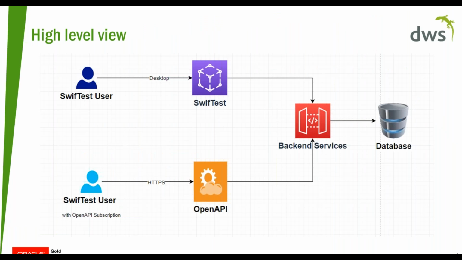Okay, so high-level overview. What is OpenAPI? The OpenAPI is a mechanism for clients to connect to SwifTest via the internet, and this is done over HTTPS.